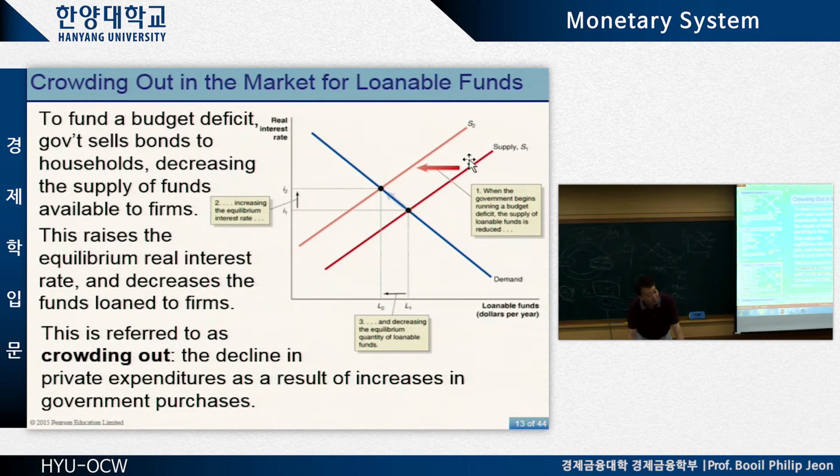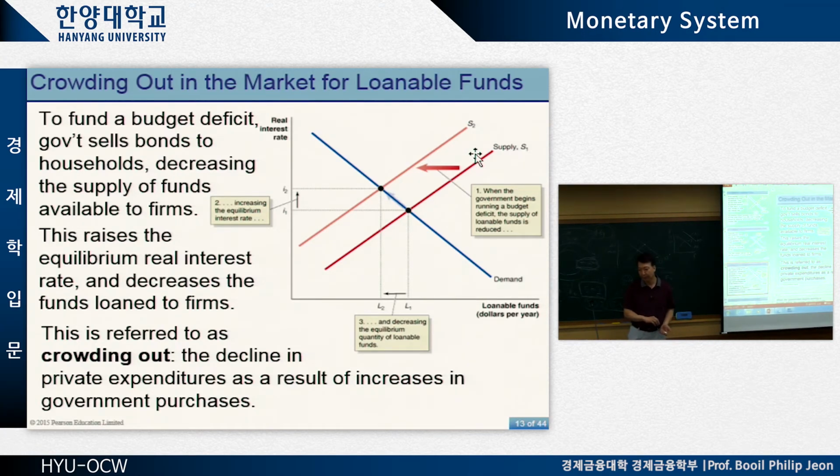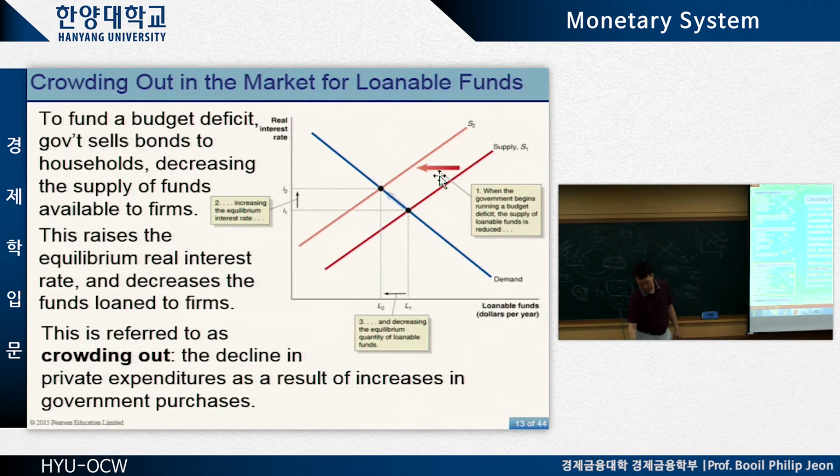So instead of bringing their saving to the bank, they save in the government bond. So what happens if the households purchase a lot of government bonds? Then the supply of loanable funds will decrease. It will shift to the left, and as a result, the interest rate will rise.